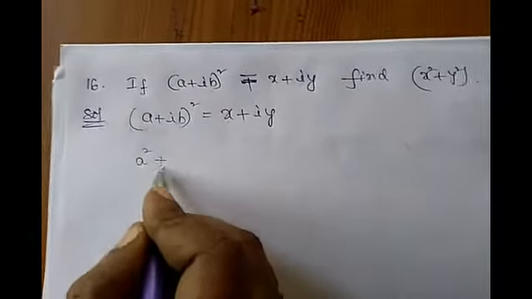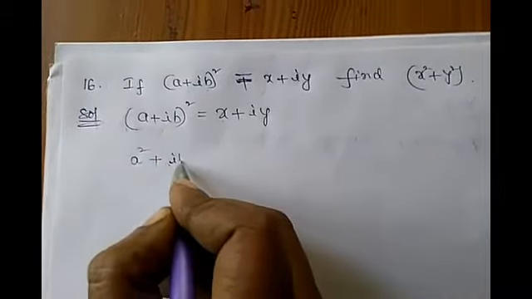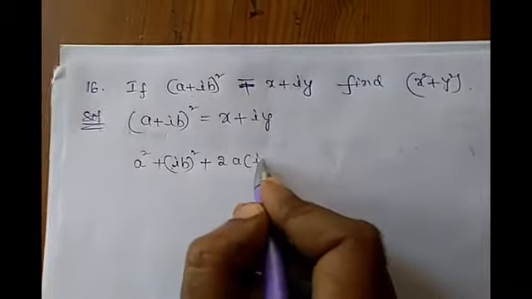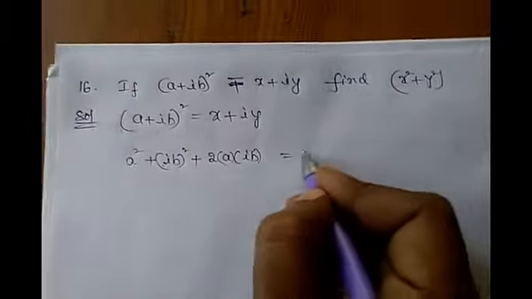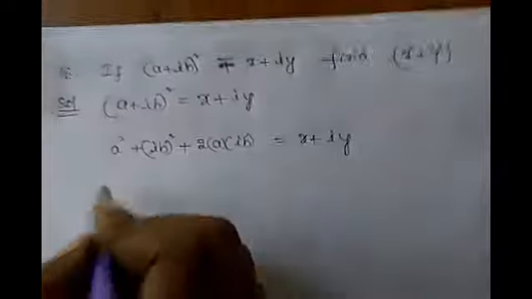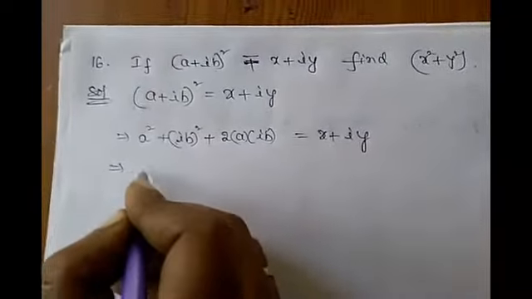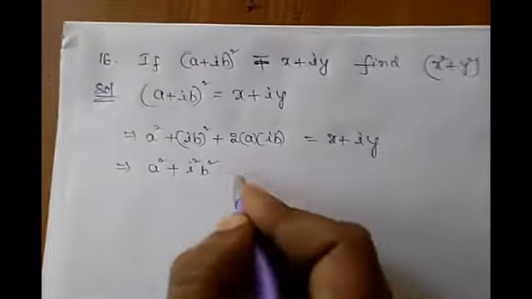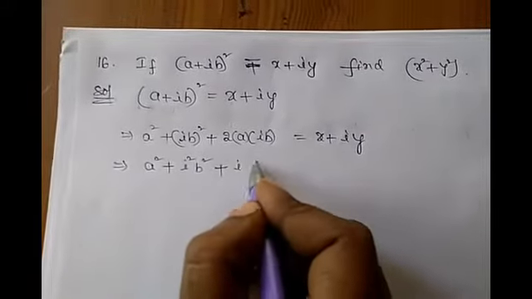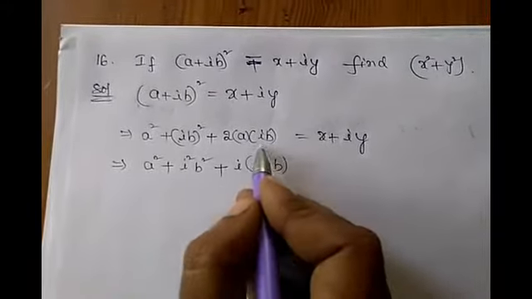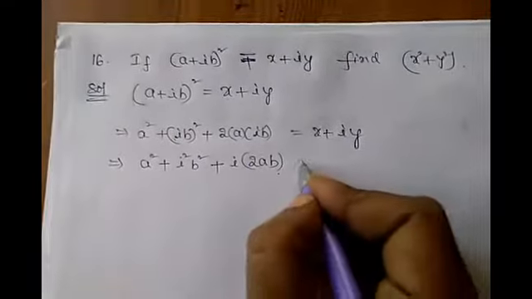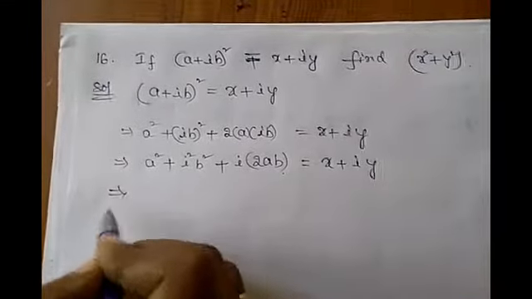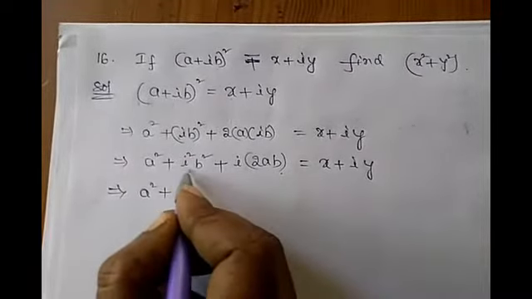It gives a square plus ib whole square plus 2ab, that means 2 into a into ib, that is equal to x plus iy. That implies a square plus ib whole square gives i square b square, plus i into 2ab. What is the i square value?